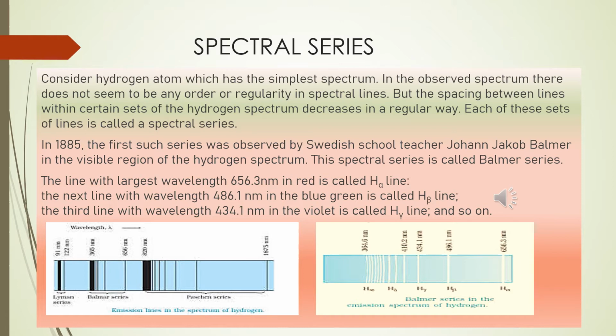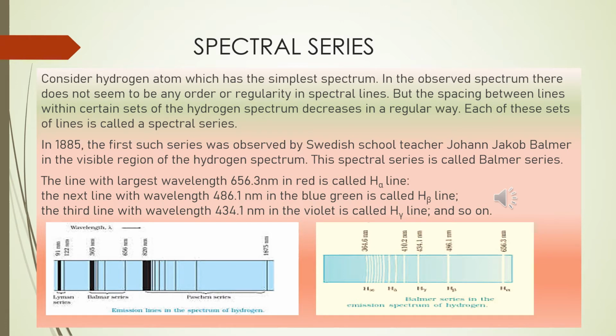Each of these sets of lines is called a spectral series. Swedish school teacher Johann Jacob Balmer was the first to observe such a series in the visible region of the hydrogen spectrum and called the spectral series the Balmer series.